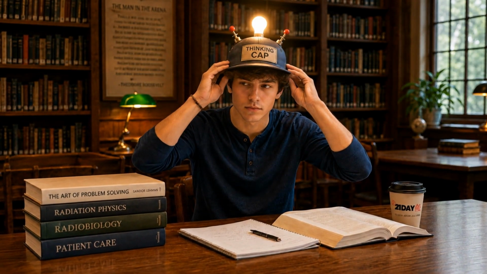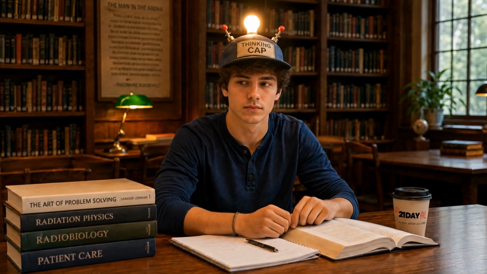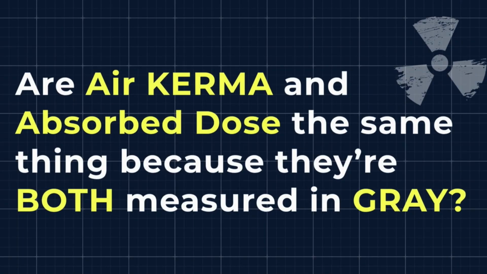Now, this is where students commonly get confused, so it's important to really pay attention here. Absorbed dose and KERMA are both measured in gray. So are they the same thing? No, the same unit does not mean the same quantity. Absorbed dose describes energy deposited in tissue or another material. KERMA, on the other hand, describes energy transferred to charged particles in air.